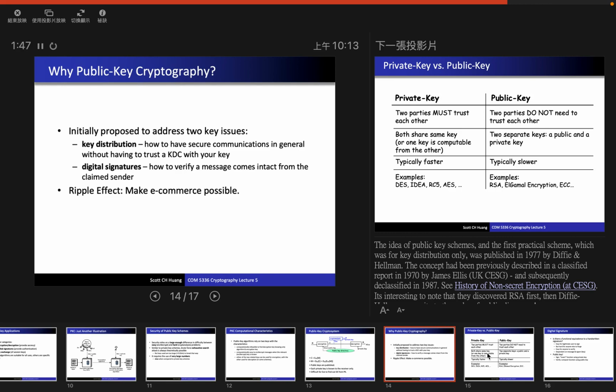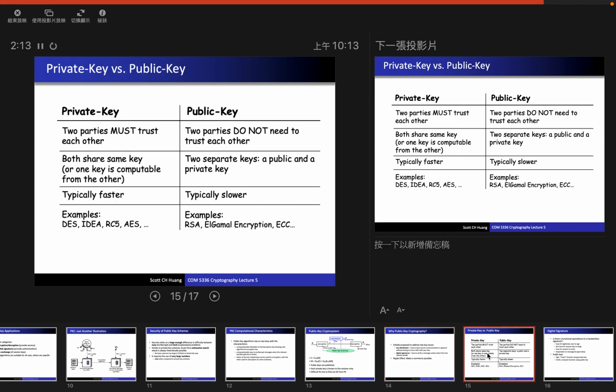So this has to be done using digital signature as well. So in a complete system, we need to have key distribution and digital signatures, which can both be achieved using public key cryptography, and then the secure channel could be built. In that case, we can use private key cryptography. This actually makes e-commerce or online shopping possible.